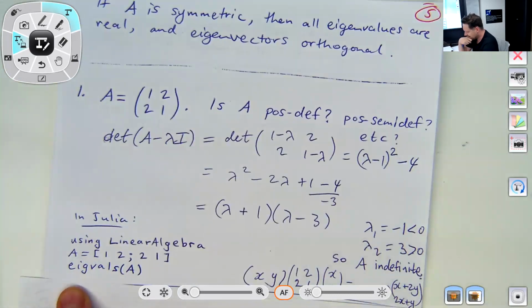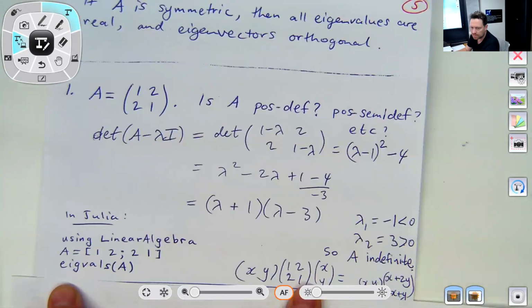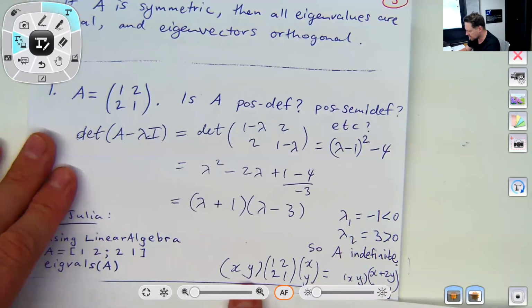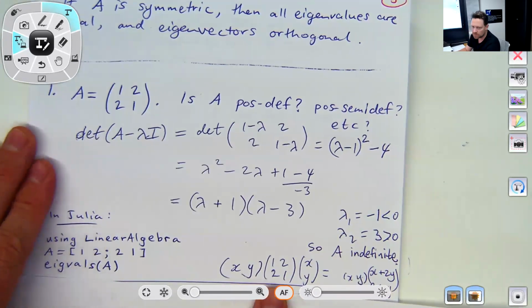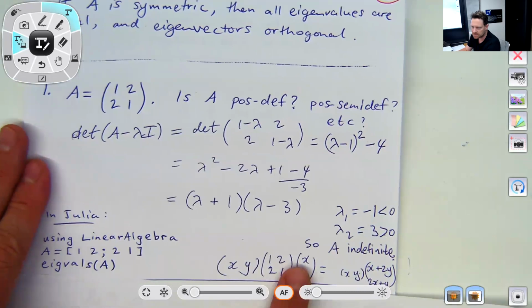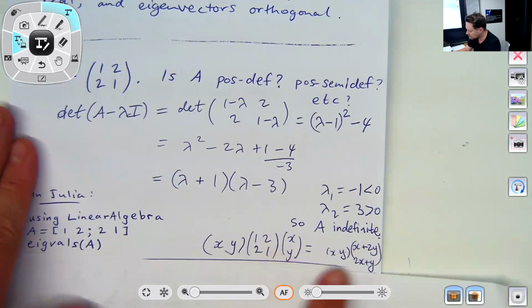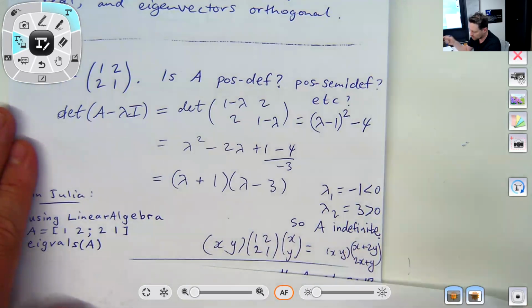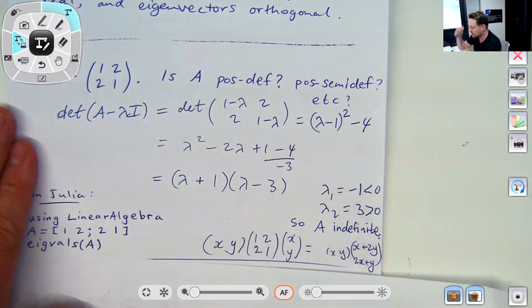What I've got here is the calculation X transpose times A times X. I've multiplied it out, and that's just X plus 2Y and 2X plus Y. So I'm calculating the corresponding quadratic form to the matrix A.